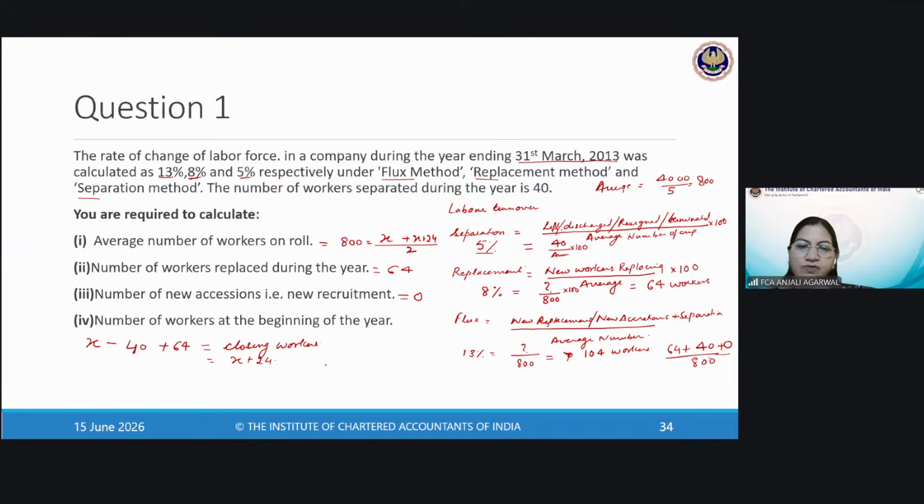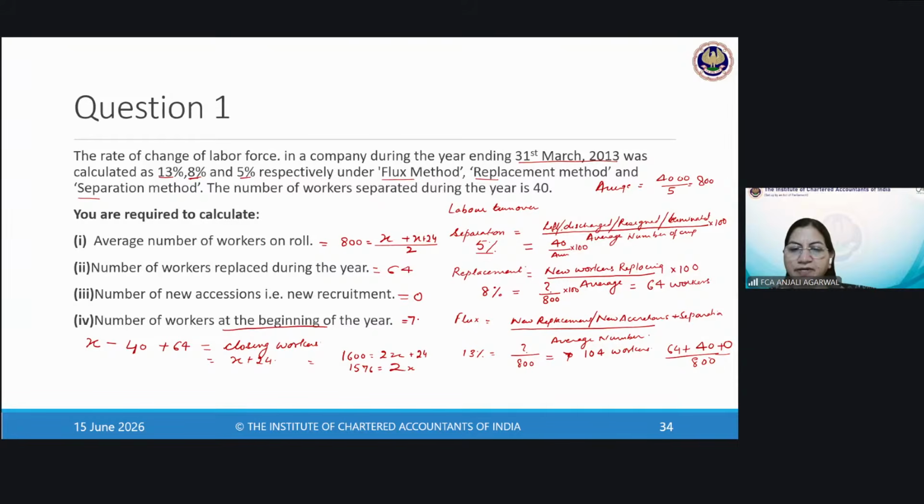1600 will be equal to 2X plus 24, when you solve this equation. 1576 will be equal to 2X, and 1576 divided by 2, X is 788. So how many workers were there at the beginning of the year?